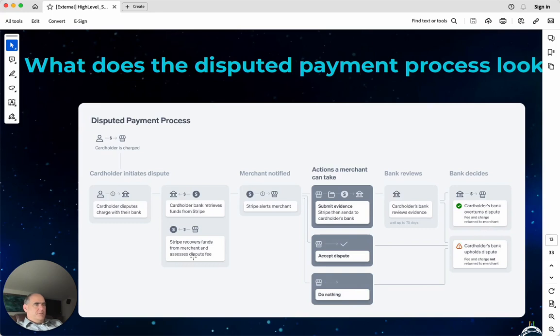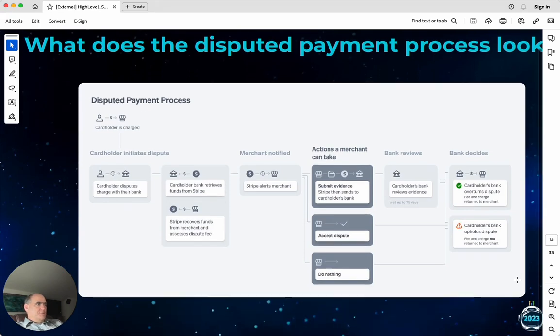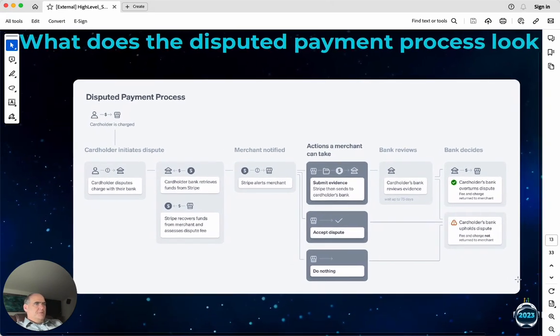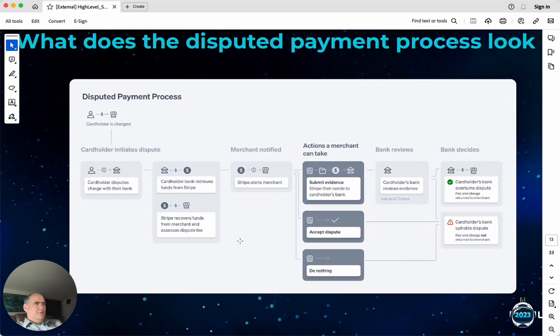So the dispute fee is taken out of your account first. It's only returned if the dispute is ruled overturned by the bank. So you can tell you're in a pretty risky position overall, and none of these other players are risking anything, honestly, because they got their money back before you even found out there was an issue and a fee.